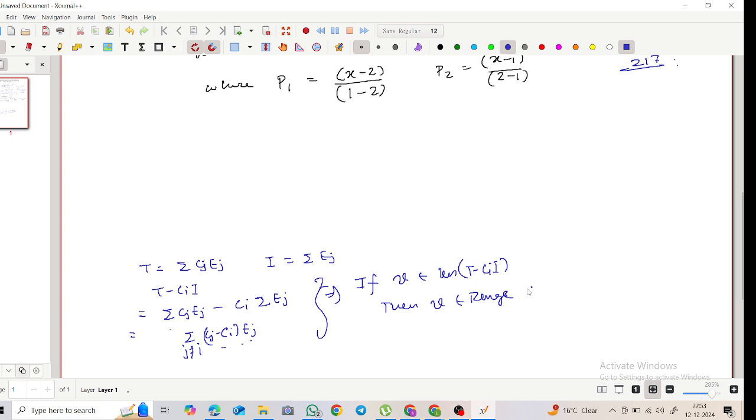Like this: direct sum of range Ej, j not equal to i.